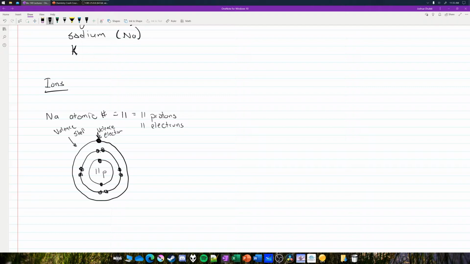In the case of sodium, we have 1 valence electron sitting here, and what sodium tends to do is lose this electron.